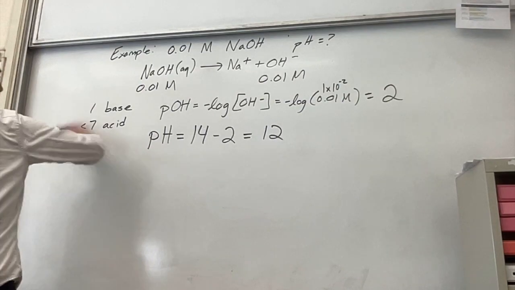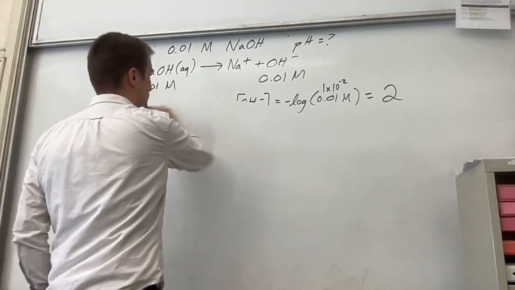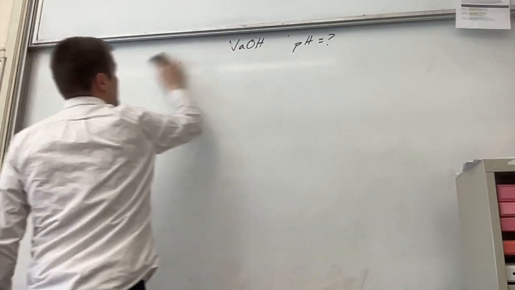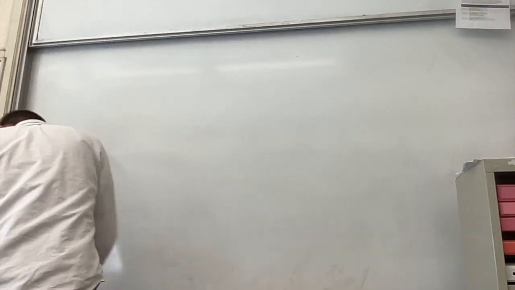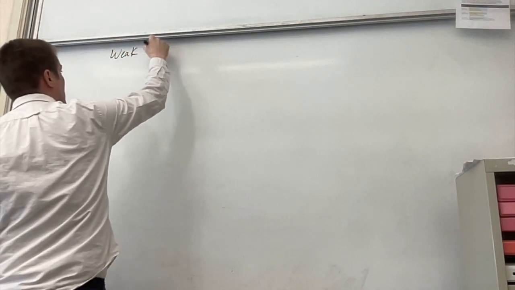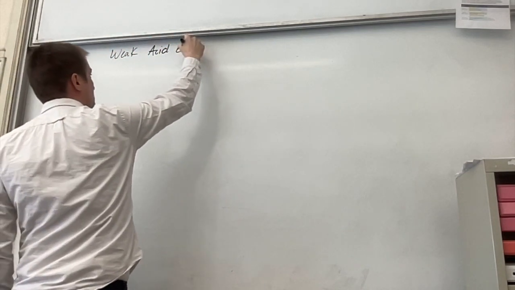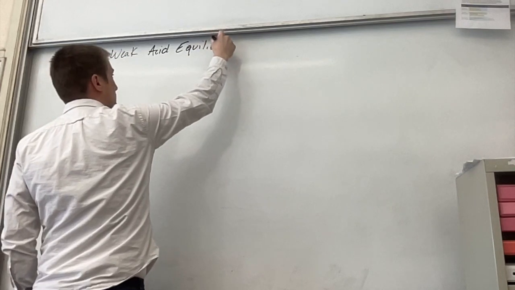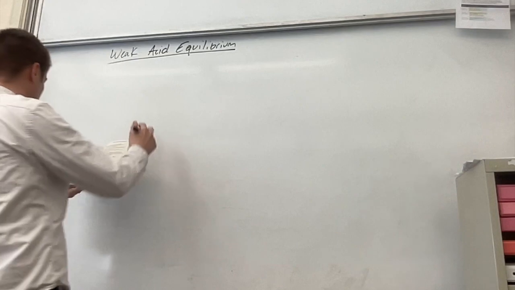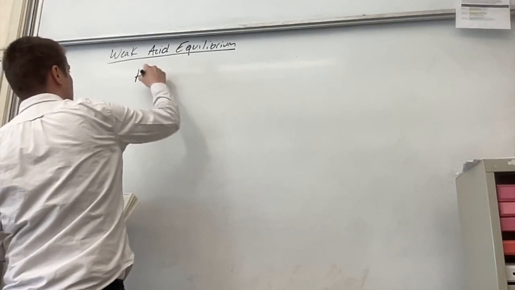I didn't draw any ice tables in the equilibrium notes, so I think I should probably do that now. Just as a generic example, let's talk about a weak acid equilibrium. I'll do a generic acid here.